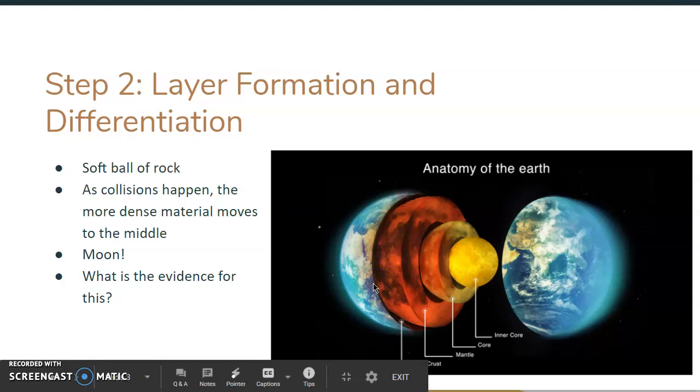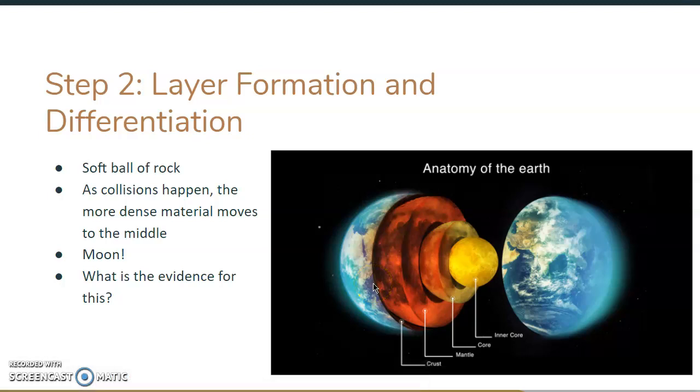Now, you might be wondering how we know this, because we can't drill into the center of the Earth. There's no way to do that. So how scientists have done it is they use what is called an ultrasound. An ultrasound is also used to look at babies when a mom is pregnant.